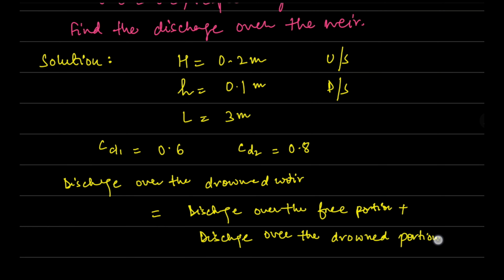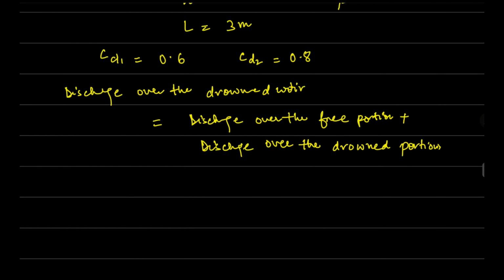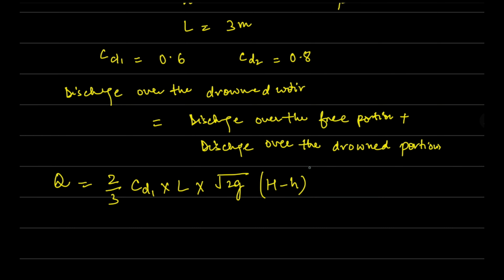So for both these segments, we have to write down the equation. So let's say the total discharge is Q. So Q can be written as 2 by 3, CD1 multiplied by L multiplied by under root 2g, and then (H minus h) raised to the power 3 by 2, plus CD2, and then L multiplied by h multiplied by under root 2g (H minus h).